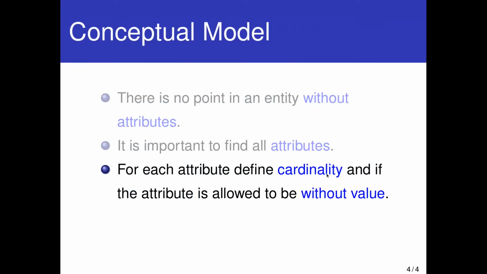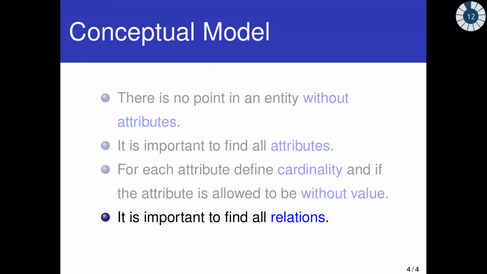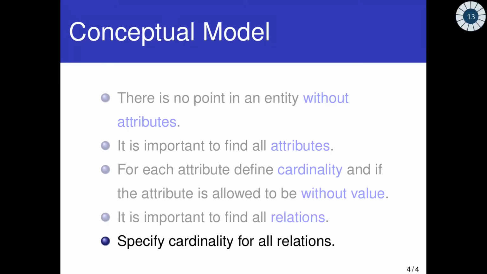Attributes found, and we have handled them, and then find associations, or rather relations, since it is an ER diagram. So we have to make sure to find all relations, and we should specify cardinality for all relations. And just as in the domain model, we should also try to give a name to all relations. Right, so that's the next thing that we shall do, have a look at relations.